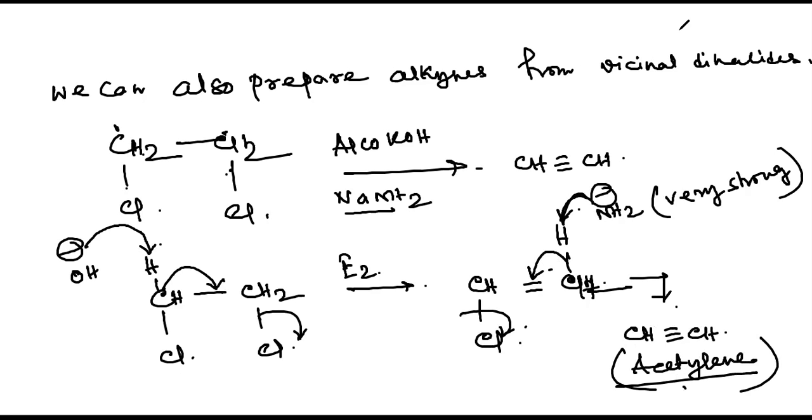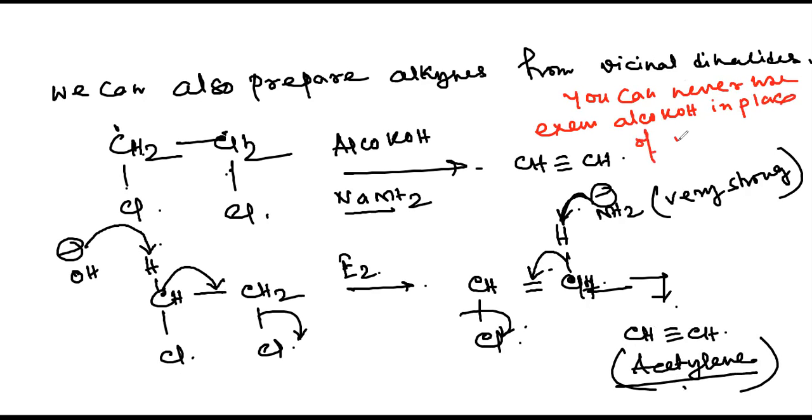Always remember here, you can never use excess alcoholic KOH in place of alcoholic KOH followed by sodamide, because alcoholic KOH is not able to extract this hydrogen. Alcoholic KOH is a relatively milder base than NH2 minus.